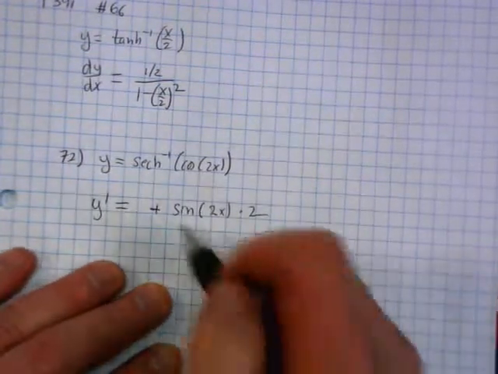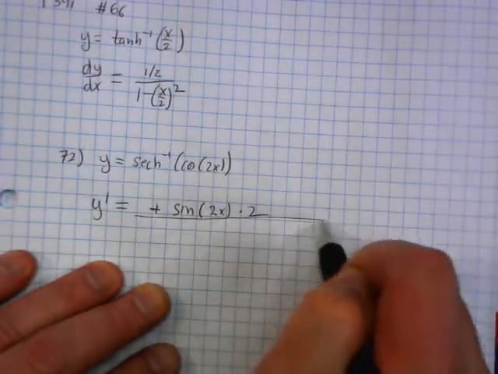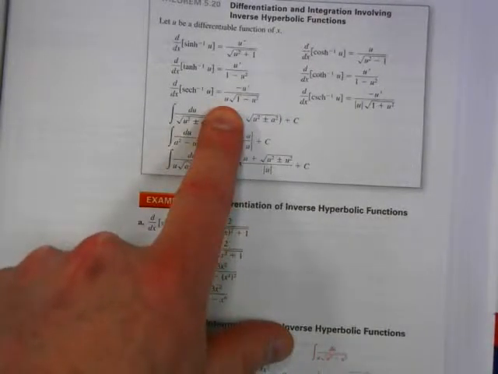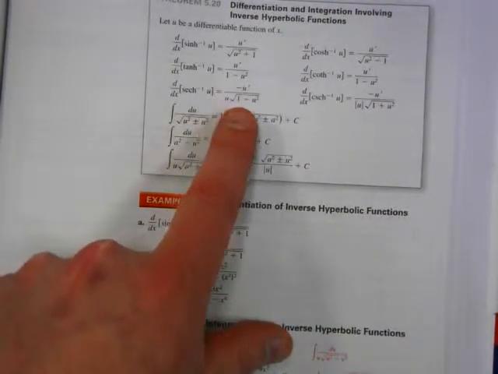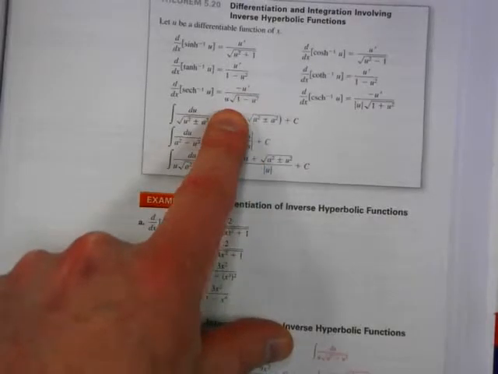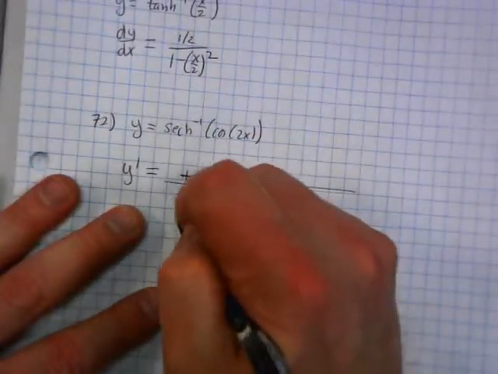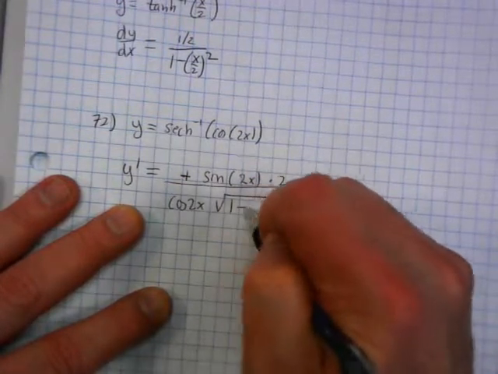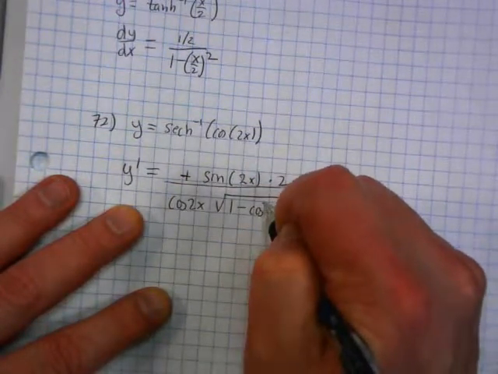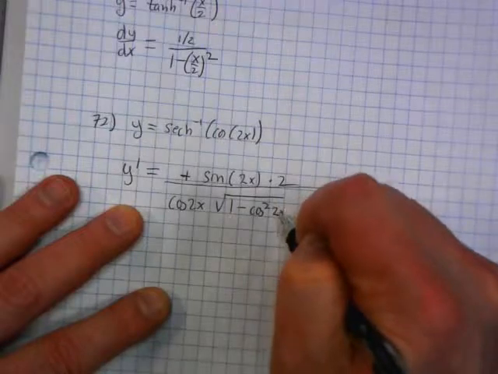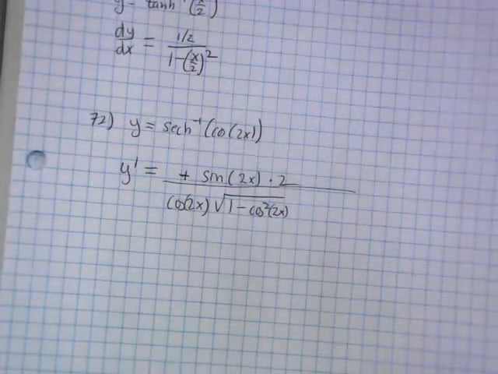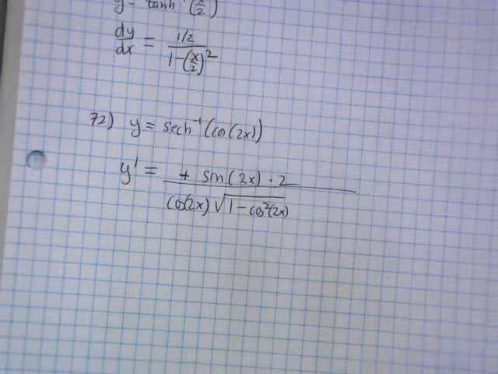There's a chain rule involved in that too, isn't there? Divided by, then you have your u, which is our cosine 2x, 1 minus our function squared. So we're going to have cosine of 2x, square root of 1 minus cosine squared of 2x. There's our answer.